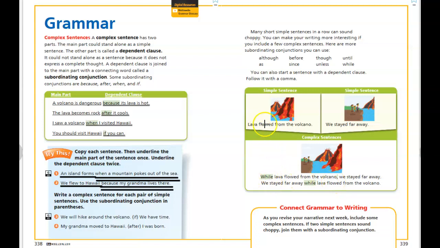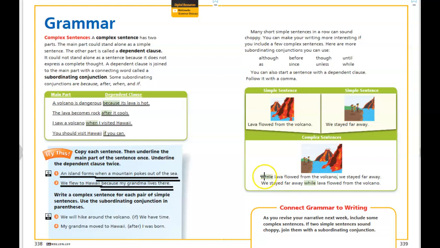Here are our two simple sentences. Lava flowed from the volcano and we stayed far away. There are two ways we could put those together. We could say, while lava flowed from the volcano, we stayed far away. And notice the comma. While lava flowed from the volcano, comma, we stayed far away.